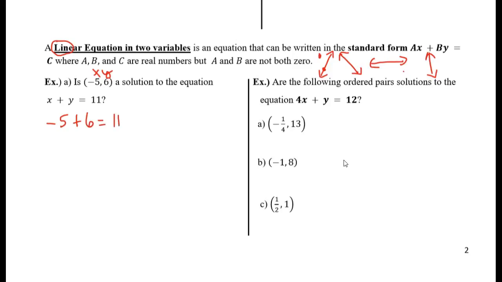So -5 plus 6 is +1. 1 does not equal 11, so no, not a solution. And visually what that means is if it's not a solution, it's not on the line. It's somewhere off in the abyss.